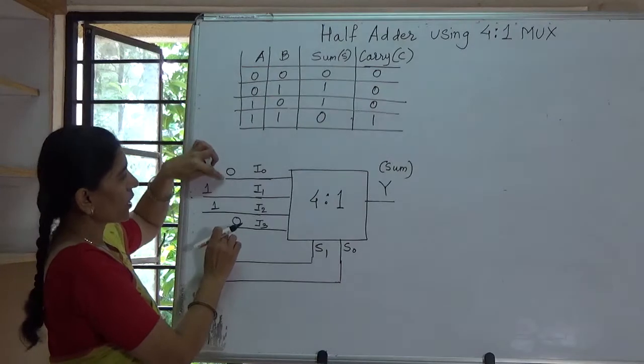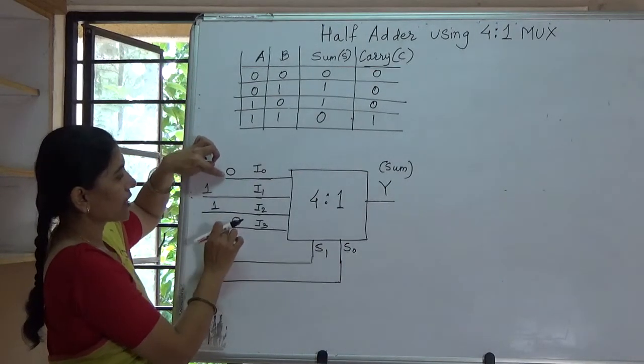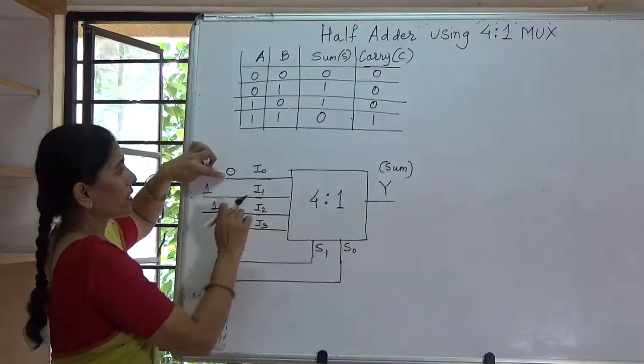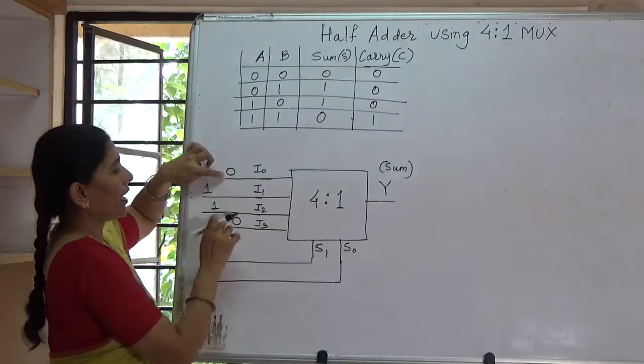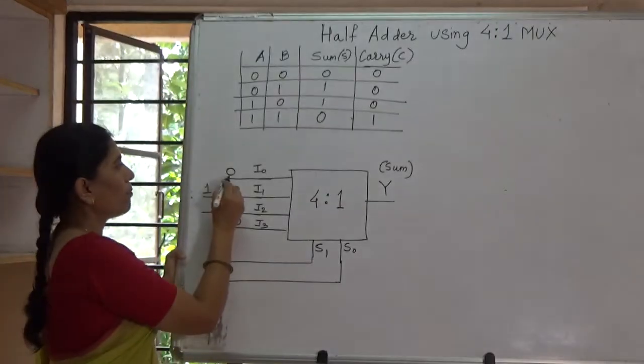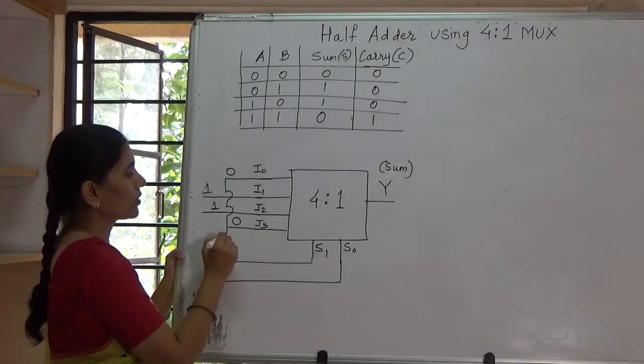So I0 and I3 should be 0, and I1 and I2 should be a 1. This is typically shown by connecting them to ground.